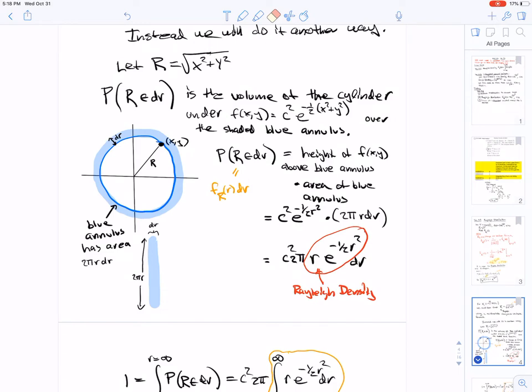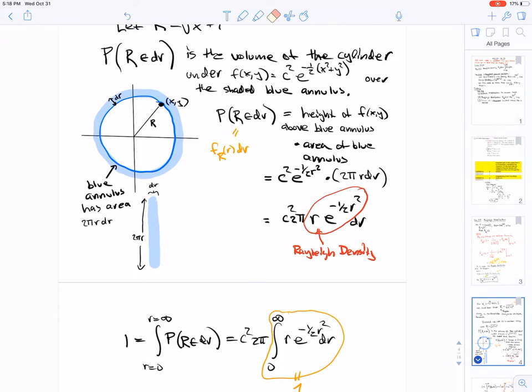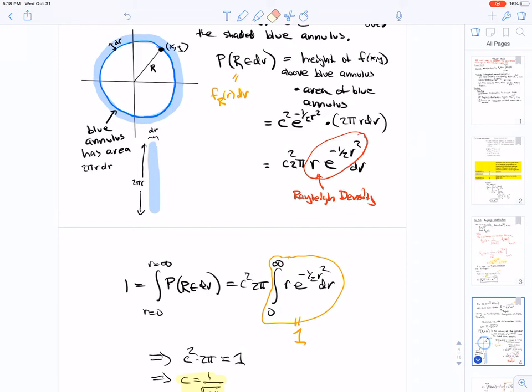If you just straighten out the blue annulus, its length is 2 pi r and its width is dr. So when you write this out, this has to be the density of R times dr, and we notice inside of it the Rayleigh density, which is r e to the minus 1/2 r squared. So actually we're going to conclude from this that c squared times 2 pi has to be 1.